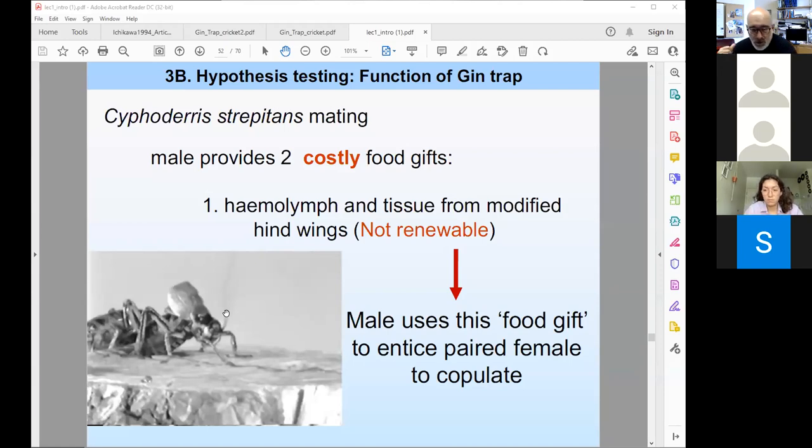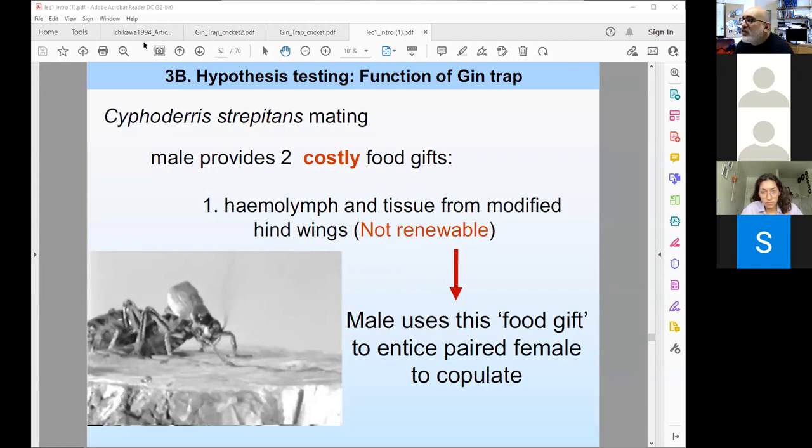So the hemolymph and tissue are a benefit to the female. And the male is dealing with this female chewing off some of these modified wings. Now, this is a non-renewable resource. What I mean by that is that the male cannot grow those wings back.